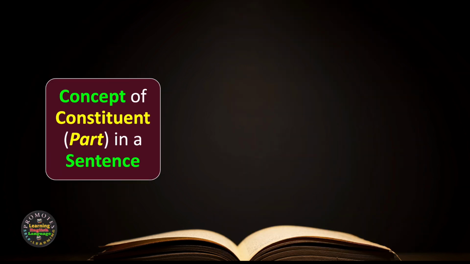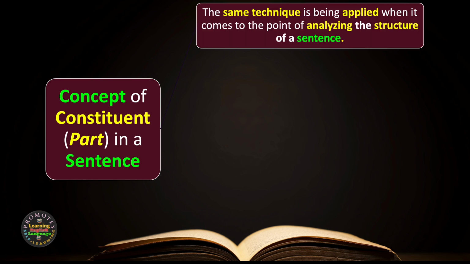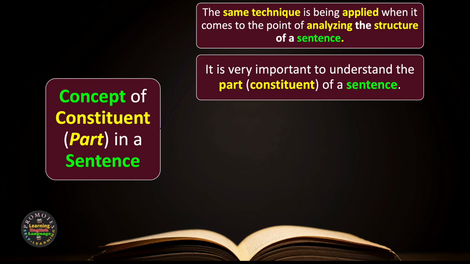We continue our discussion. Concept of constituent part in a sentence. The same technique is applied when it comes to analyzing the structure of a sentence. It is very important to understand the part constituent of a sentence.